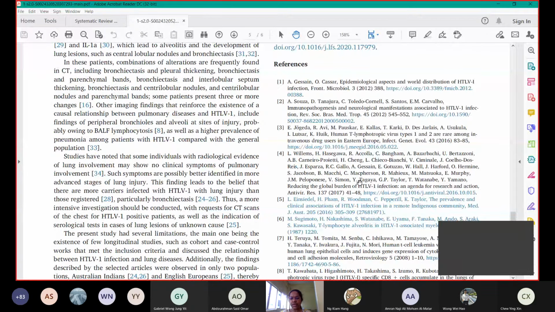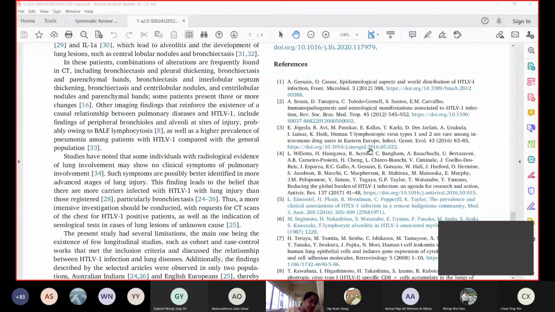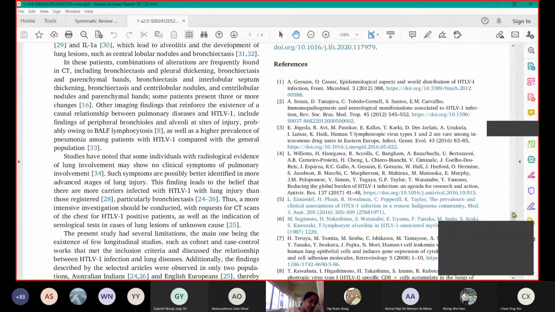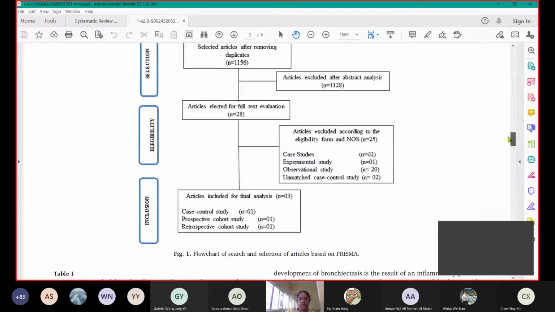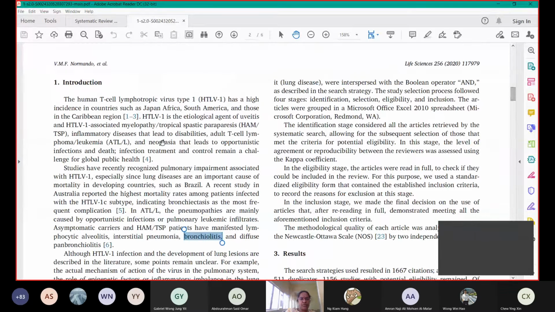And this paper title is, where's the title? Okay. So you can refer to this number 4 as the journal paper, and it is written here as a simple paragraph.